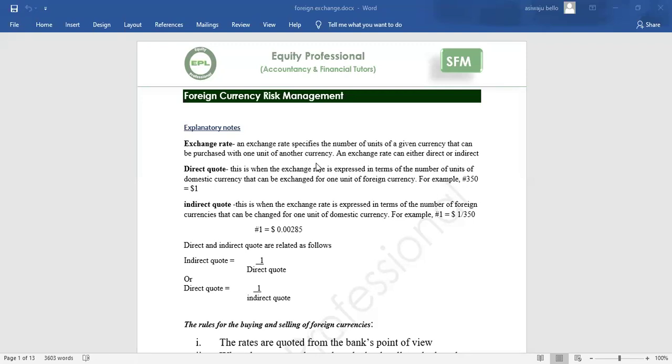Now, if a company is incorporated in Nigeria and the company transacts business within Nigeria, that company has no business with foreign currency.